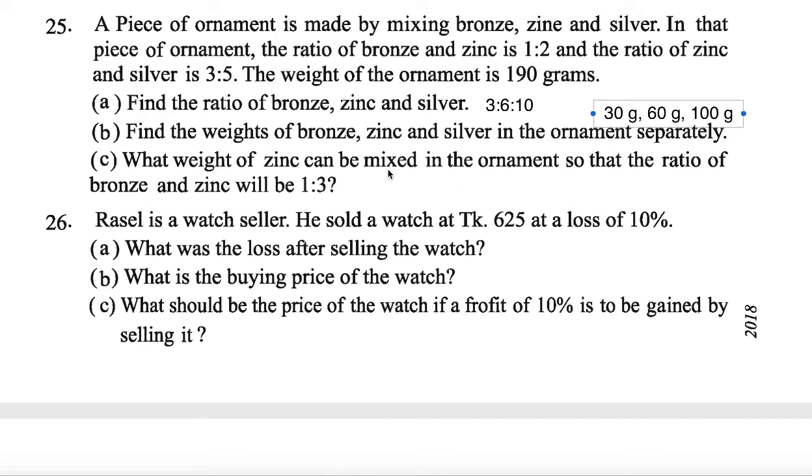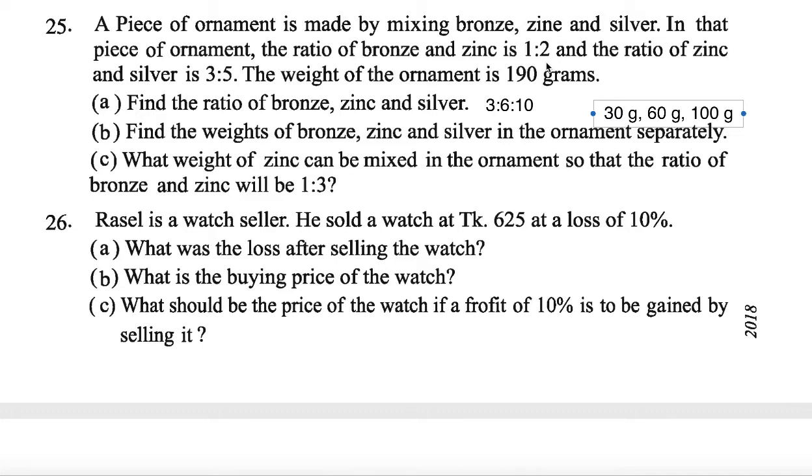What weight of zinc can be added to the ornament so that the ratio of bronze and zinc will be 1 is to 3? Bronze and zinc is now 1 is to 2. Now it has to become 1 is to 3.